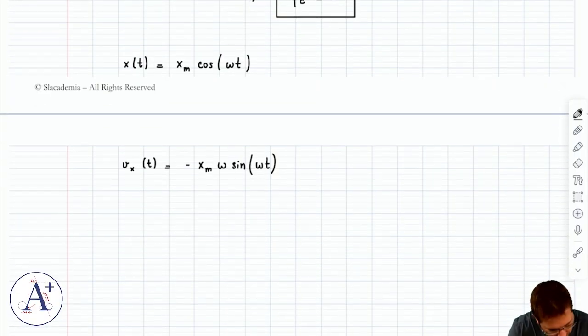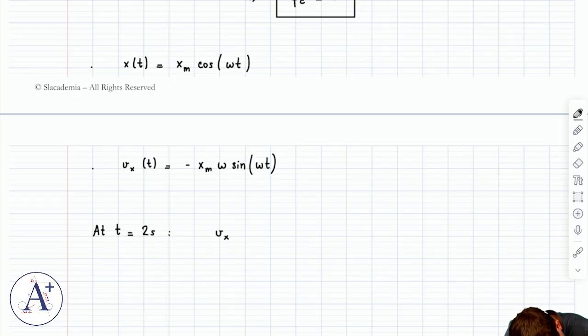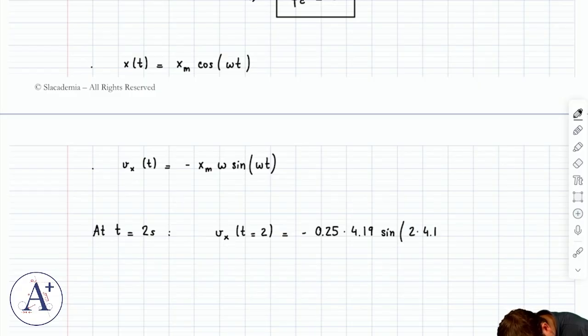Okay. And so at t equals 2 seconds, Vx of t equals 2 is equal to minus 0.25, that's 25 centimeters in meters, times omega, which is 4.19, times sine of 2 times 4.19.